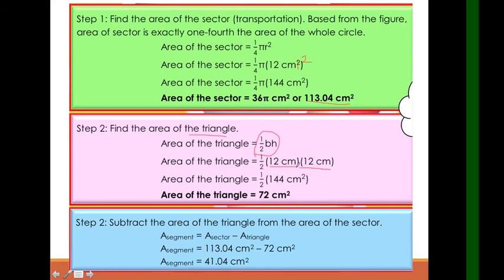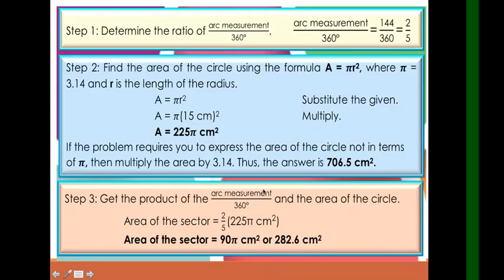Ngayon, i-multiply natin yung dalawang yan. So, we have 144 squared centimeter. And then, i-multiply natin siya ng 1/2. That's 72 squared centimeter.